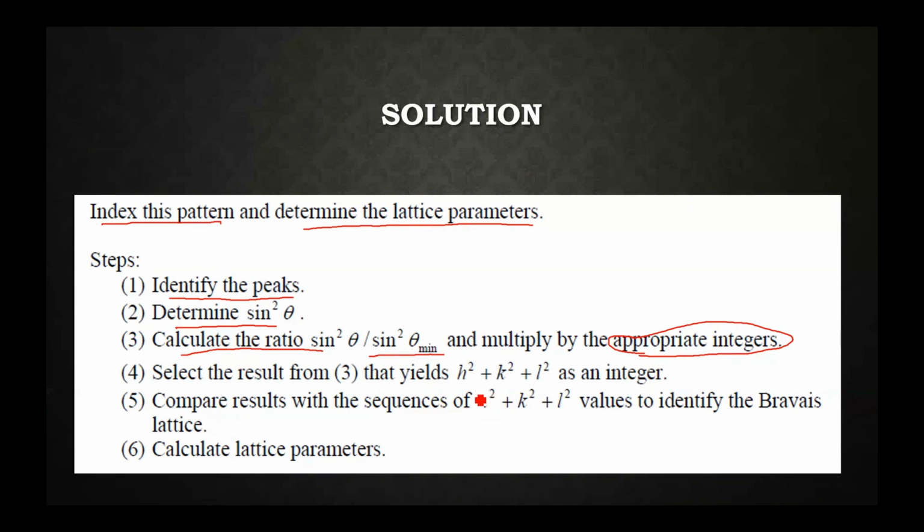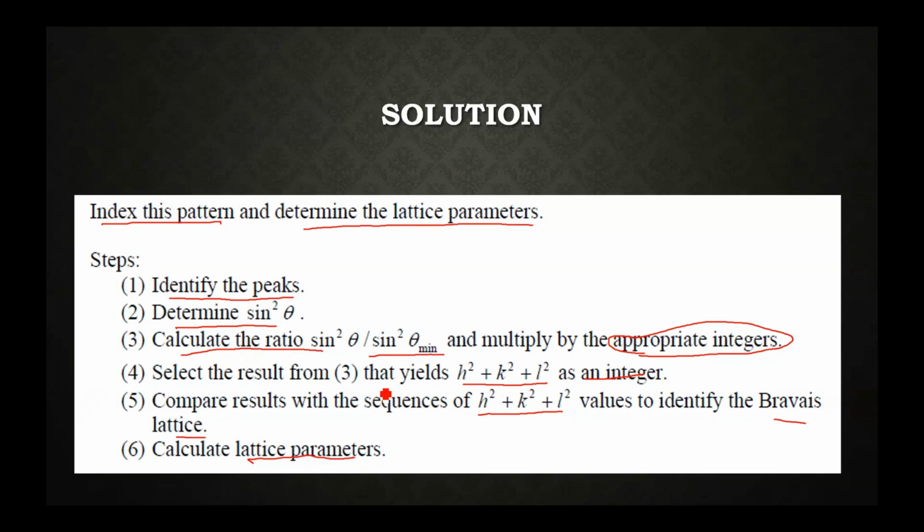Select the result that yields h square plus k square plus l square as an integer. We'll see what is meant by that. Then compare the sequences of h square plus k square plus l square with a table to identify the Bravais lattice, find the HKL, calculate the lattice parameters, and further find the atomic radius.